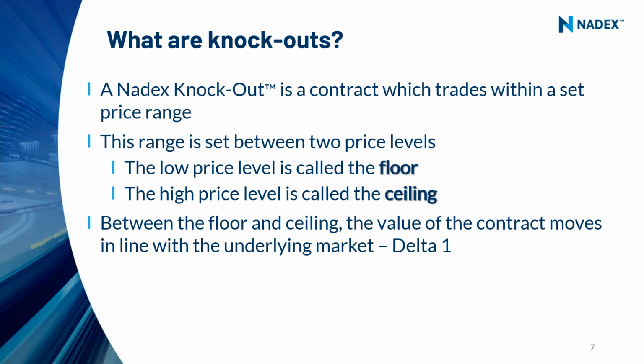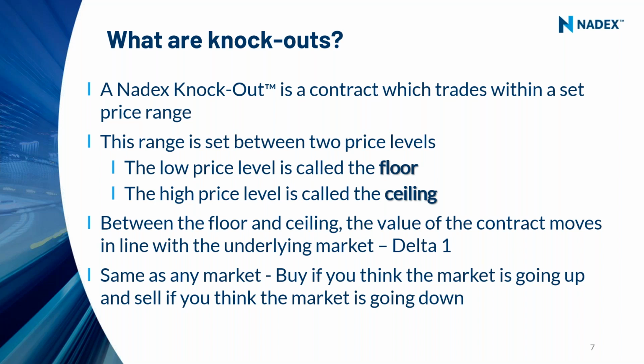And it will have a floor and a ceiling, and the price of that knockout will move directly in line with the underlying between the floor and the ceiling. And it's very intuitive. It's like any other market. If you think the price were going higher, you simply buy it. You go long.